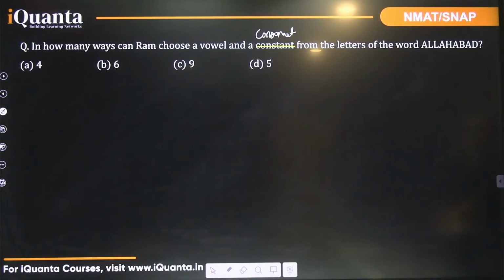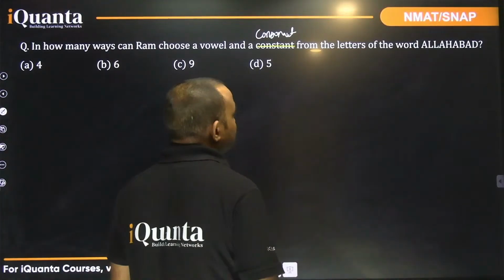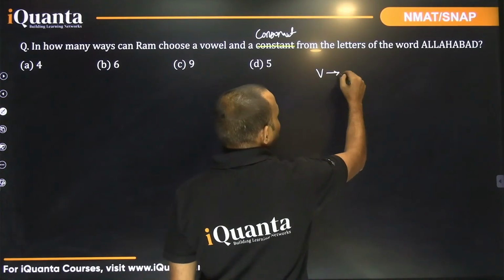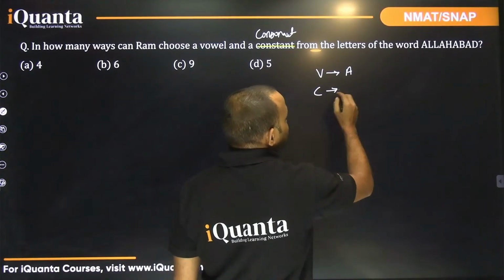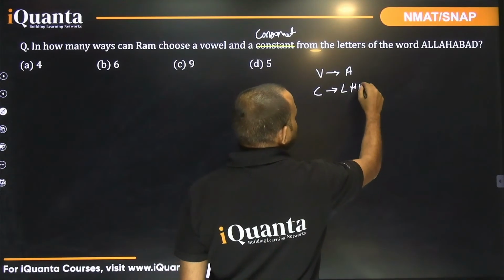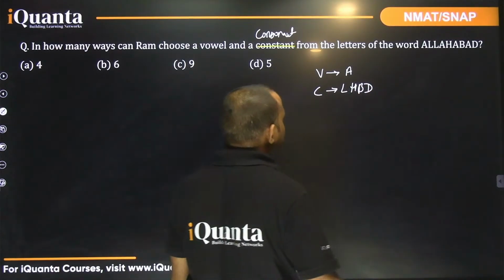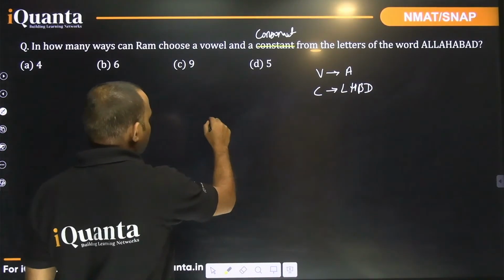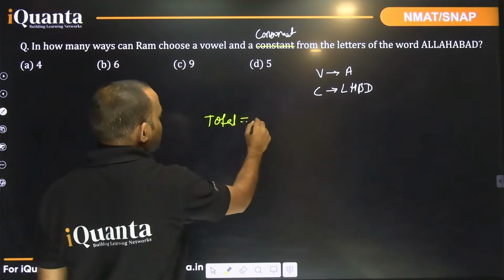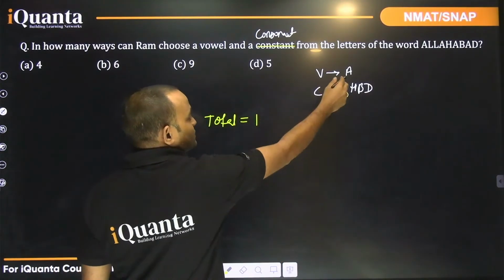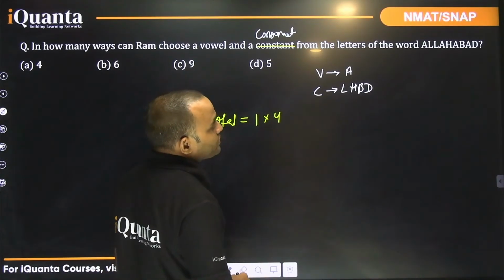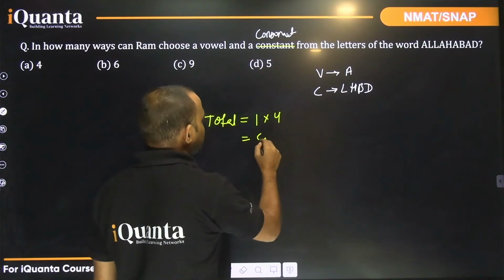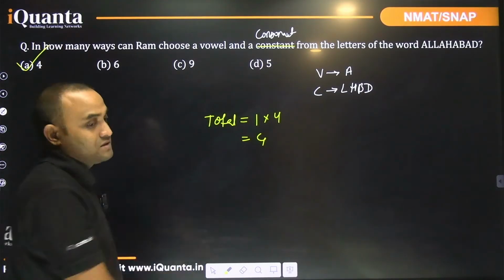Five or 4? See, for vowels we have A only, if we talk about distinct vowels. Consonants we have L, H, B and D. The number of ways of choosing one vowel is exactly 1, which is A. The number of ways of choosing one consonant is 4, out of 4 we need to choose 1. So our answer is 4, not 5, which is option A.